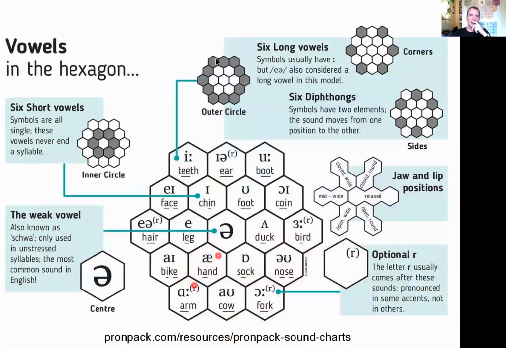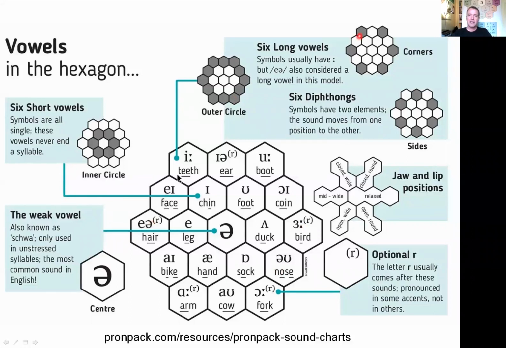And there you can see the outer circle are the relatively long vowels. All of these can occur at any place in the word, the beginning, middle, or end. And at the very corners are the relatively pure long vowels.